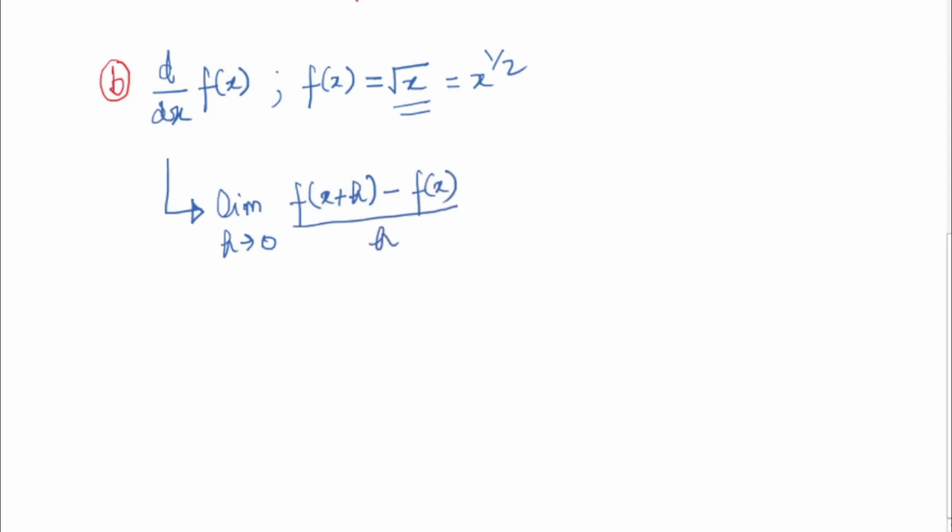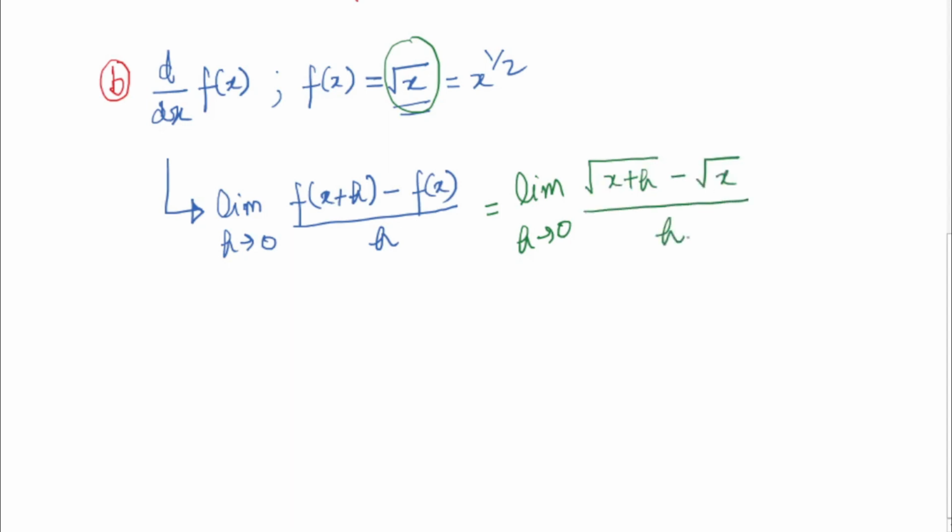If we try to solve this function, we can write it as limit h tends to 0, square root of x plus h minus square root of x divided by h.